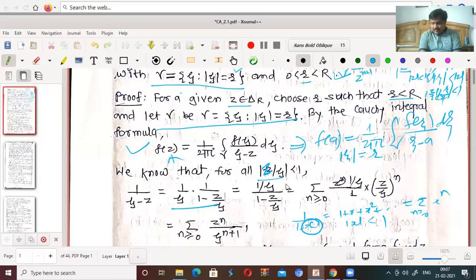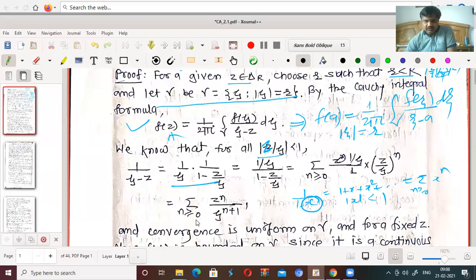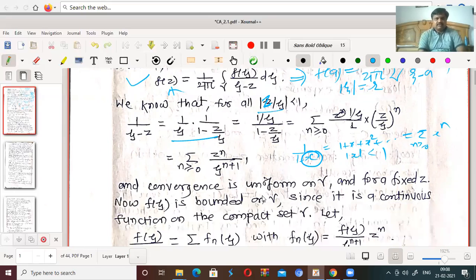In the same way, what about this? (1/ξ) Σ (z/ξ)ⁿ for n ≥ 0. So this will give us the summation for n ≥ 0 of zⁿ/ξⁿ⁺¹. So 1/(ξ − z) is the summation for n ≥ 0 of zⁿ/ξⁿ⁺¹.